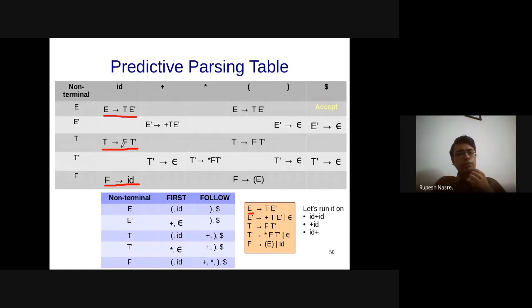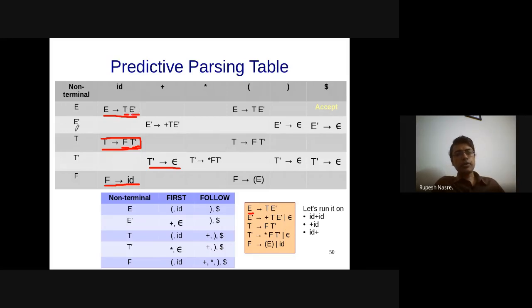Once it has consumed the input, the next token is plus, and once this F completes, it goes back to the T's rule. Now T prime is the next non-terminal to be derived from. On T prime, on plus, we have T prime deriving epsilon, and therefore this rule completes for T. Therefore we go back to E, and now E prime starts.